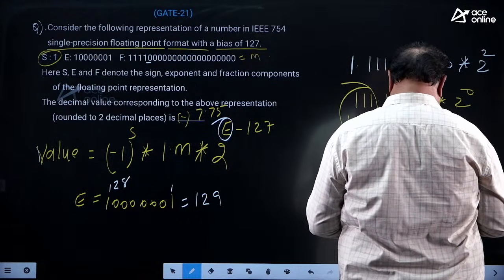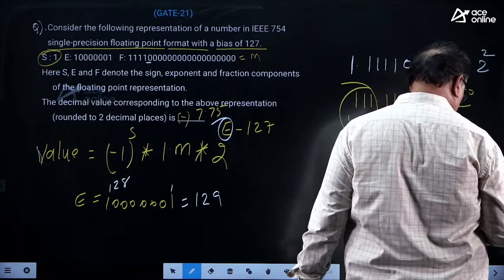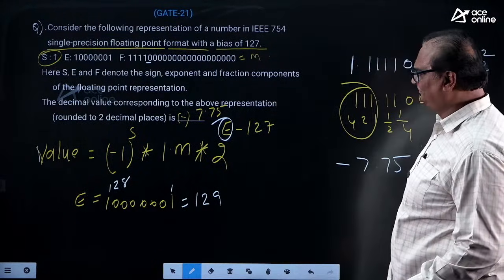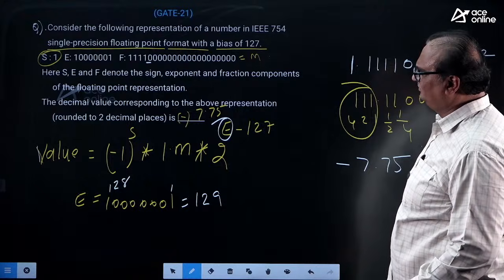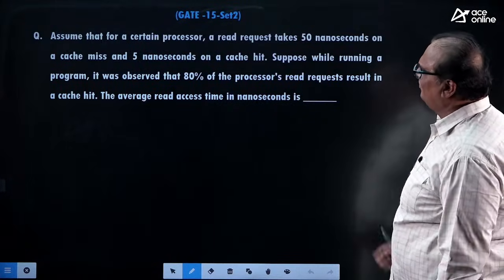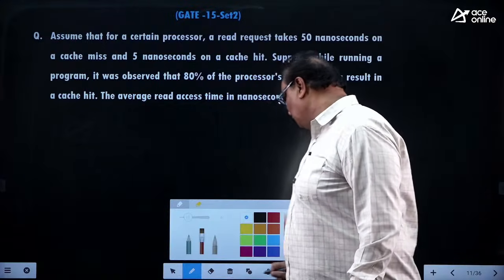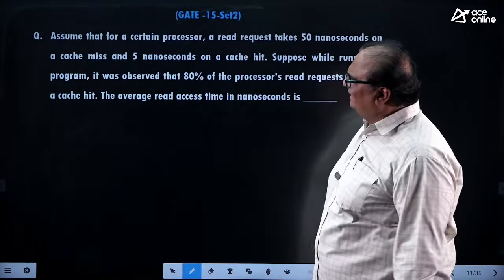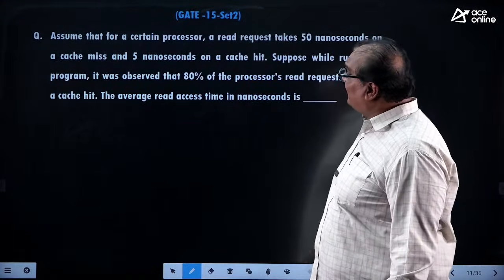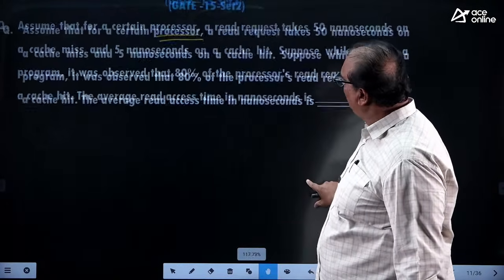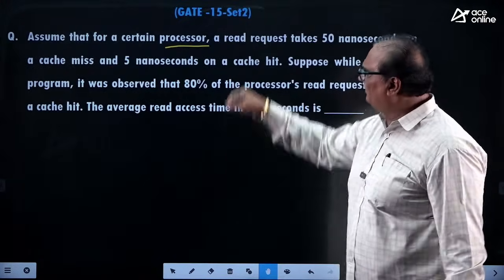Yes, some students gave the correct answer. Next, look here. Memory organization. I am going to provide the simplest solution for this. Assume that for a certain processor, it is given in 2015.